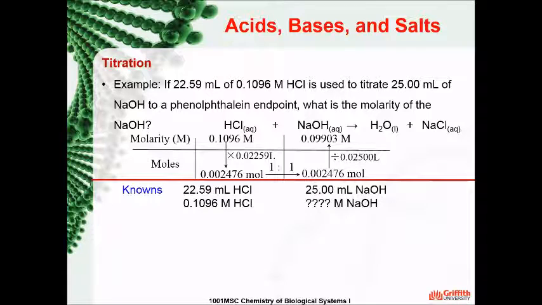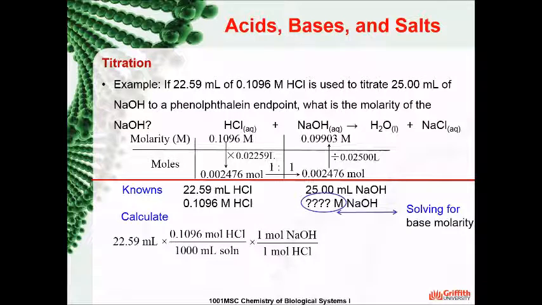So, from the question, we know the following. We need to calculate the molarity of the base. First, we calculate the moles of the base. To do that, we need to undertake the following calculation. Volume of the acid, 22.59 milliliters, times molarity of the acid, 0.1096 moles over 1,000 milliliters, times the ratio between the acid and the base.